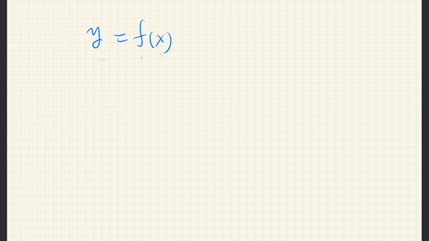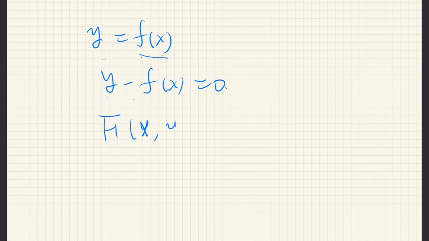And if we move this f of x to the left-hand side, we have y minus f of x equal to 0. So if we generalize this as a bivariate function, instead of writing y minus f of x, let's write this as capital F of x and y equal to 0.